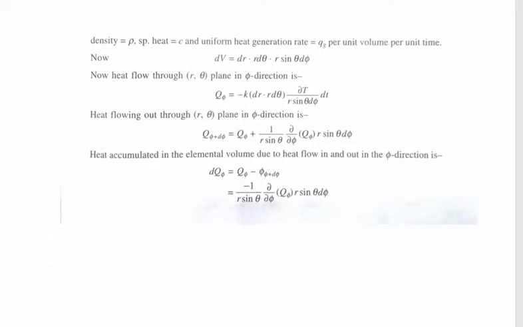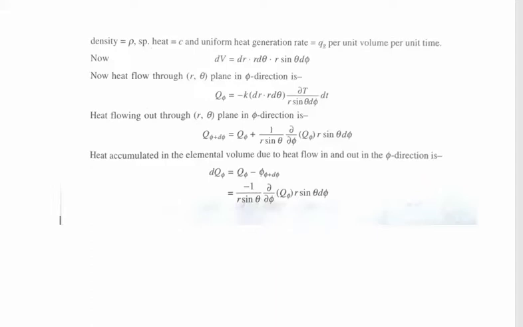First we will take the density as rho and the specific heat as C, where the uniform heat generation rate is taken as Qg per unit mass, per kg. Now the change of volume will be taken as dr, r d theta and r sin theta d phi. These are the elements or the directions plane.